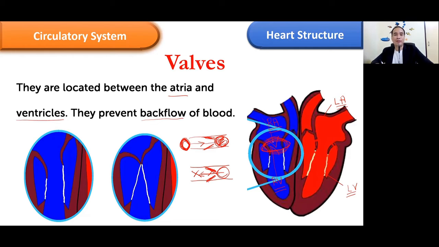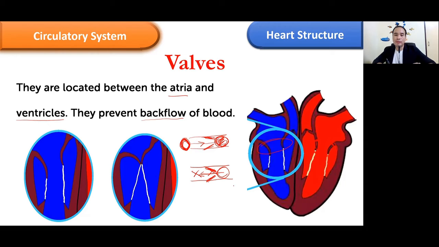And speaking of your valves, there are 4 valves. Okay, let me just clear the screen for you. Do you still remember the valves? I think in the previous slide, there were 4 valves that were mentioned. You have your tricuspid valve, your mitral valve, your pulmonary valve, and your aortic valve. Okay, so let's label the parts.